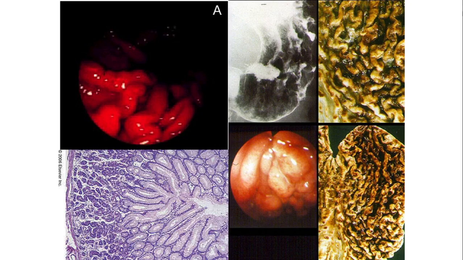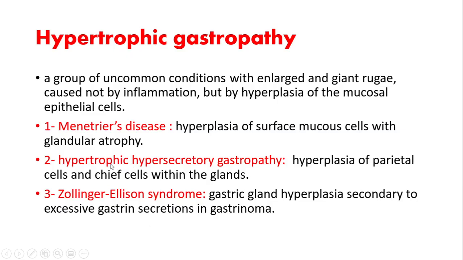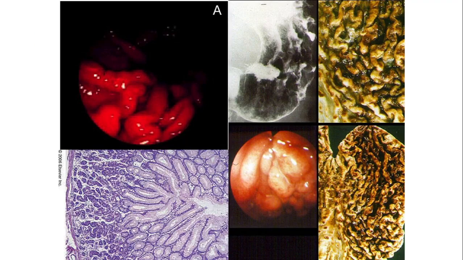Hypertrophic gastropathy: prominence or enlargement or giant rugal folds due to an increase in the number of mucus secreting glands in Menetrier disease, and hypertrophic hypersecretory gastropathy, hyperplasia of the parietal and chief cells, and Zollinger-Ellison syndrome due to a tumor of G cells secreting excessive gastrin hormone, unresponsive to negative feedback of increased acid secretion in the gastric lumen.